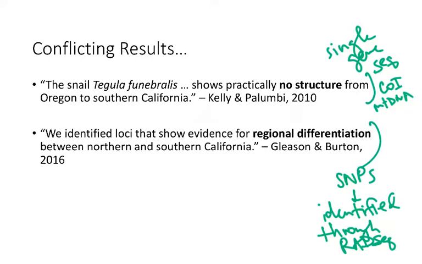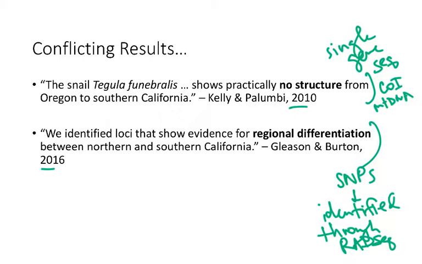So the first study was published in 2010. My study was published in 2016. So a couple points to make here. One, the technology has really advanced in the past couple years to make high-throughput sequencing much more feasible for these types of studies, which wasn't really the case back in 2010.